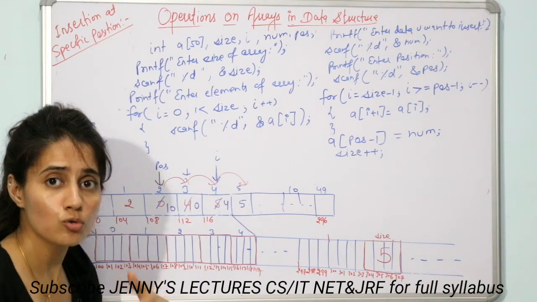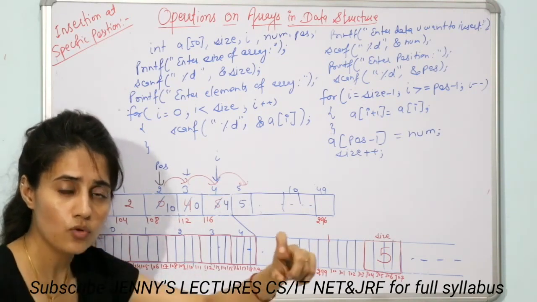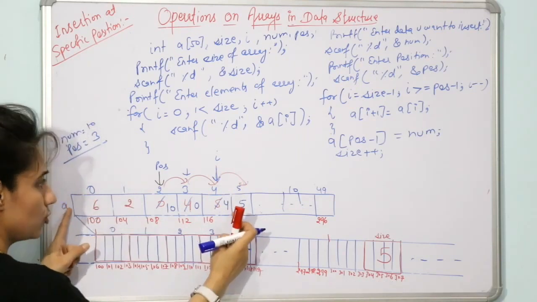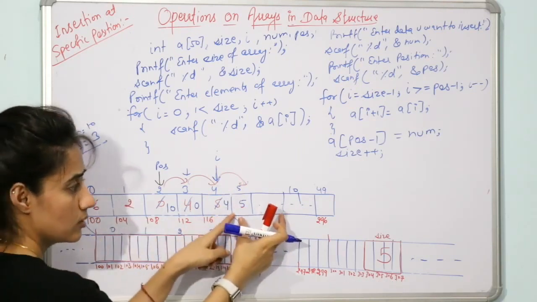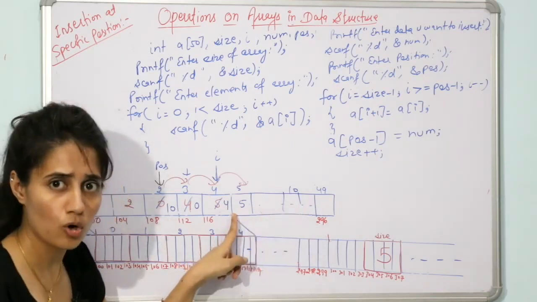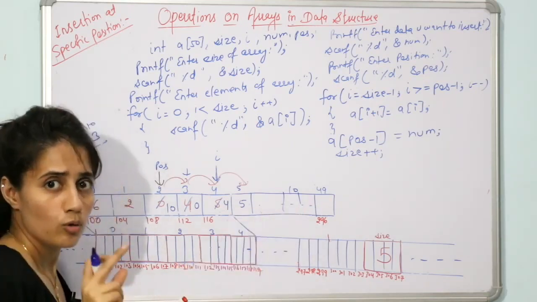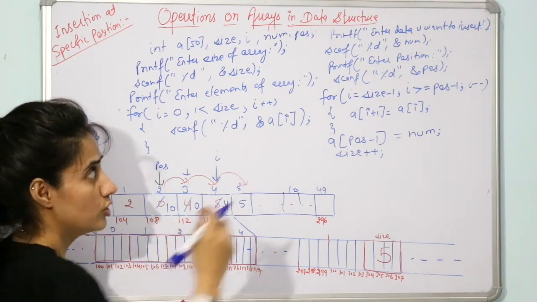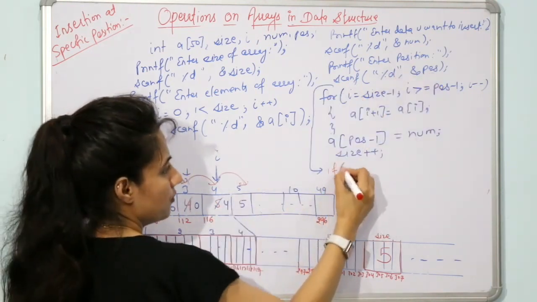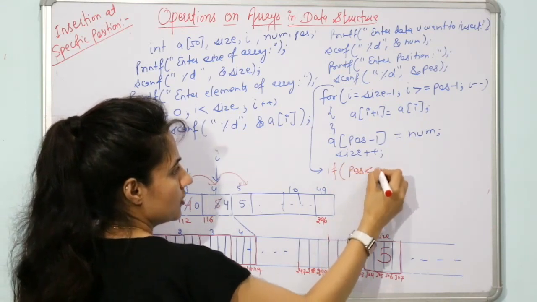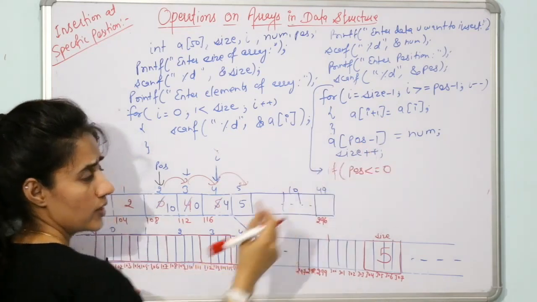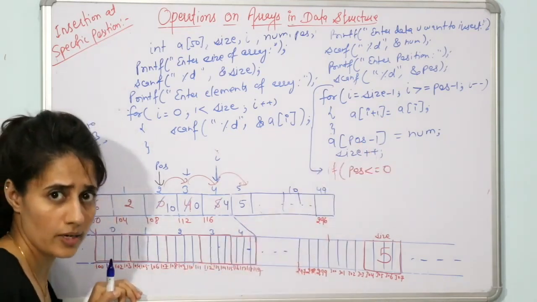Because in arrays you are going to store the data in consecutive locations, or you can say continuous locations. So it's not like you have data from 0 to 4 and you skip these positions and now you are going to insert here. That is not possible in an array. So here you can also write one if condition on position. After this position, here you can write if position is less than or equal to 0, because if we take position equal to 0, then 0 minus 1, that is minus 1, is invalid.